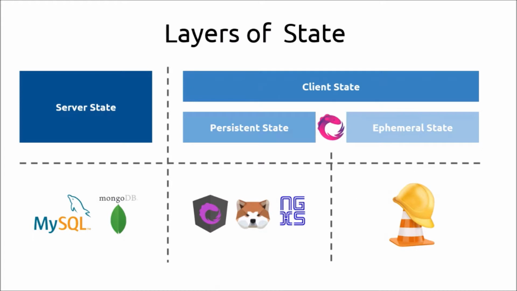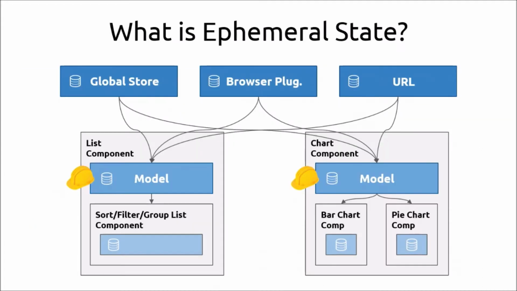What does ephemeral state mean? Ephemeral state is a specific type of state in your application. If you are already used to global state management tools, like one of those that I mentioned before, and I guess also Redux is a very common term for global state management, you may know that they exist on a very top level of your whole front-end application.